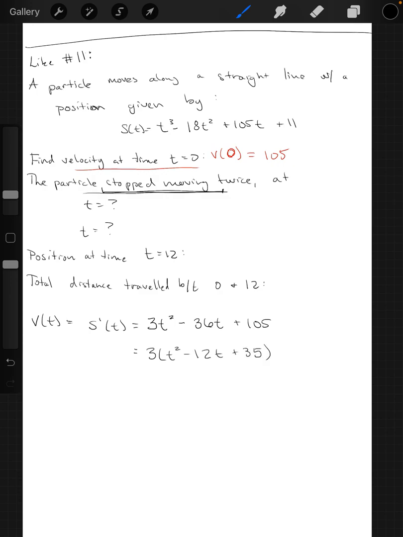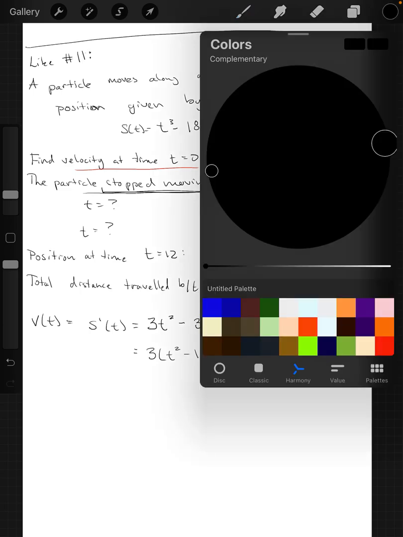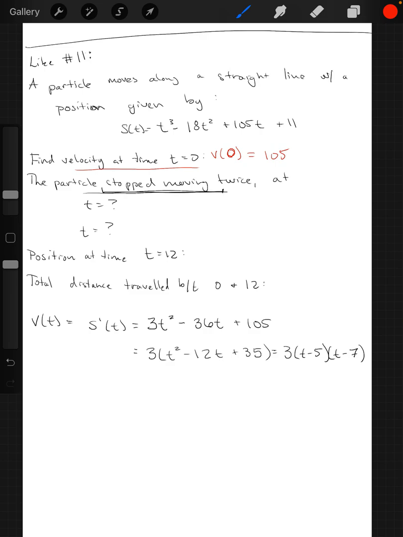And then I can think of 2 numbers that multiply to get 35 and add to get 12, and that is minus 5 and minus 7. So if we solve this, whoops, I got a little excited. Clearly tired. v of t equals 0.